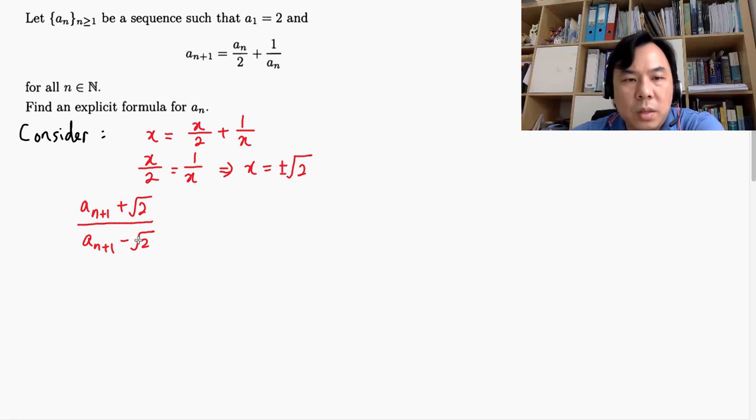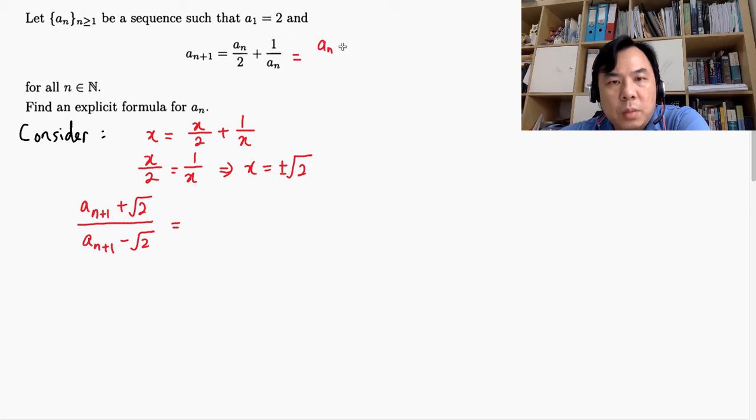So we're going to consider this particular ratio. Okay, so this one here is basically given by, if you look at this, an plus 1 is actually given by this. All right, now we can actually rearrange this properly. So that is basically an squared plus 2 divided by 2an.